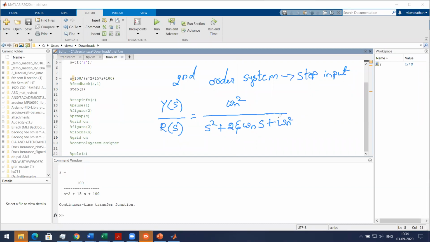Okay, this is a general form of a second order equation. We'll not worry about the derivation of this, we'll just take this. Here omega n is the natural frequency, and zeta is the damping ratio. So all the terms are known.